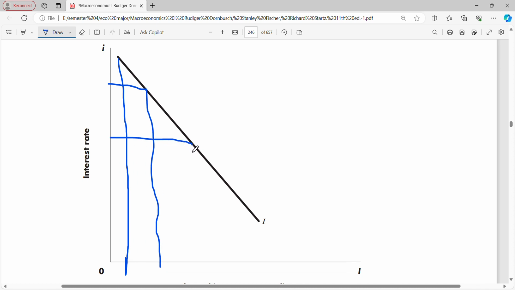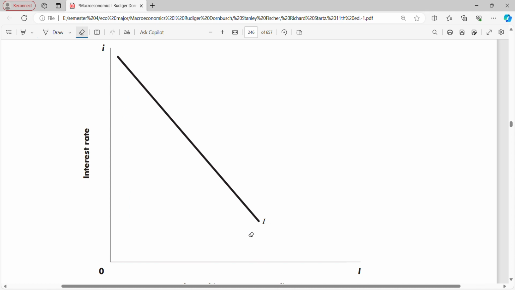When it decreases again, more investment, and again, more investment, like that. So there exists an inverse relationship between interest rate and investment. That is the key reason for it to have a downward sloping, negative curve.